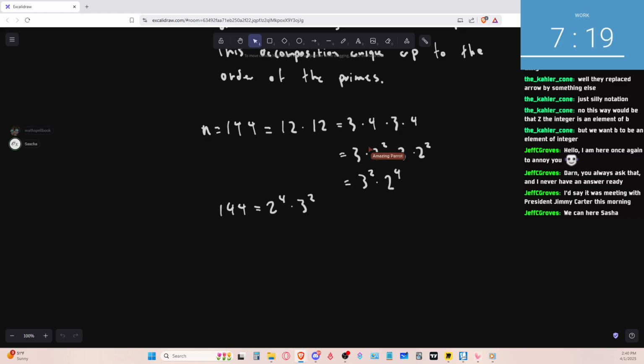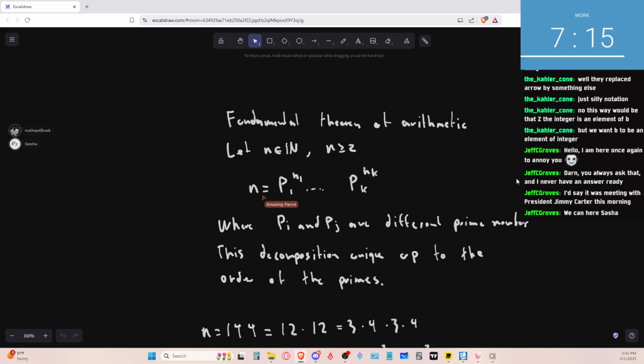Yeah, exactly. So if we go back to the theorem, you see we have the p_i throughout the primes, and then we get some exponent. No matter what prime decomposition you find for n, you will always find the same prime numbers and the same exponents. Okay.